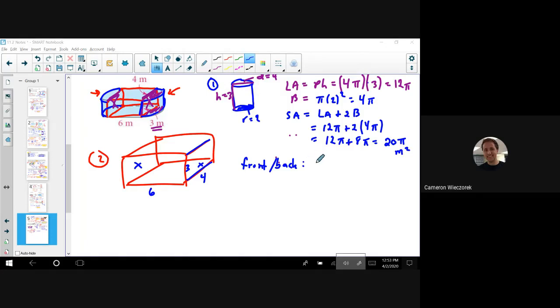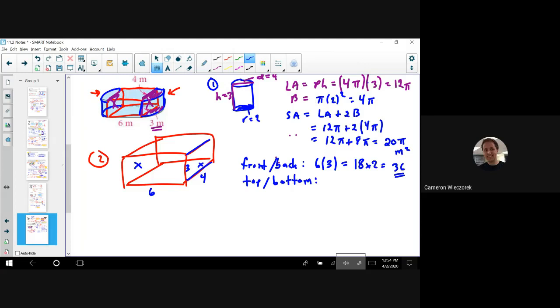So base times height would be 6 times 3, which is 18. And then since there's 2 faces, I have to multiply by 2. It'd be 36. And then I've also got the top and the bottom I have to worry about. I'm almost treating this like a net diagram where I'm just adding up the faces' areas individually instead of using the lateral area formula.